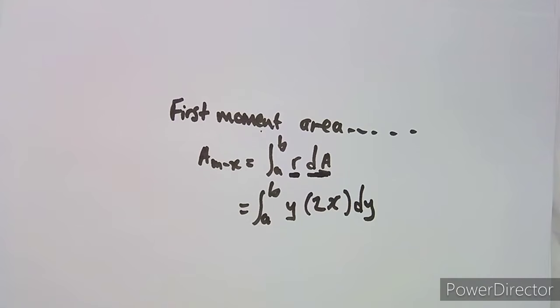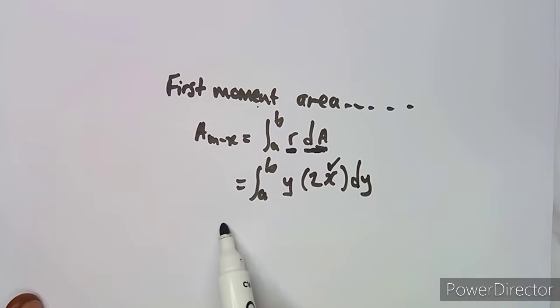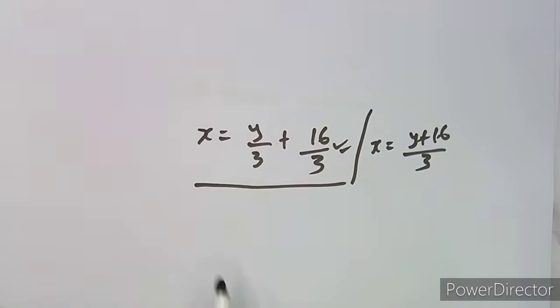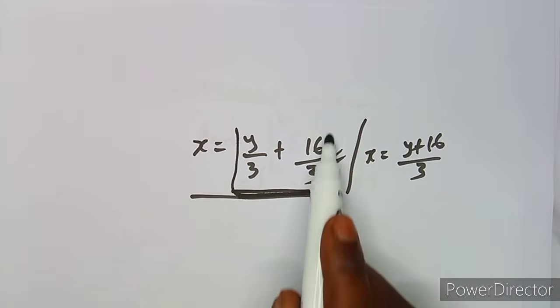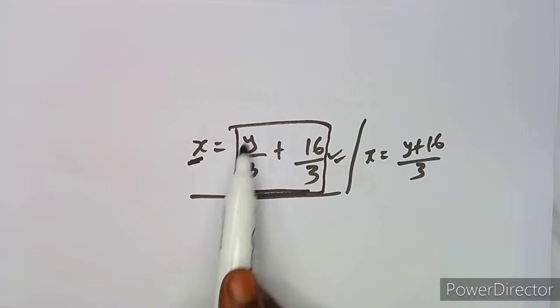So if this is the formula, guys, as you can see, 2x means we have to substitute the value of x, the expression that we had in terms of y. The moment you substitute, you are now remaining with what?